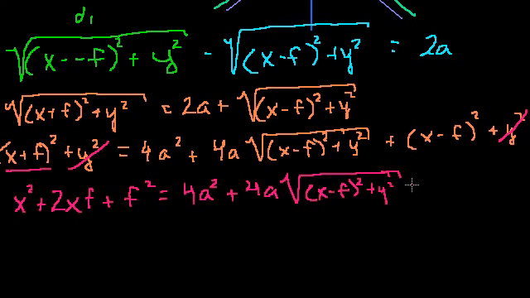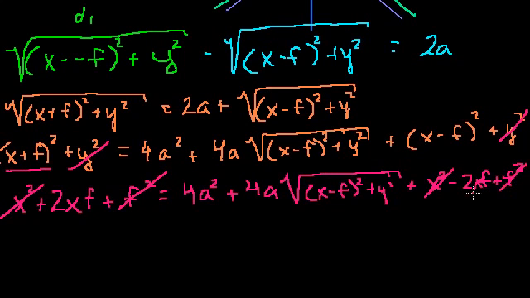And then multiply this out: plus x² − 2xf + f². And then let's see, what can we cancel out? Well, we have an x² on both sides. We subtract x² from both sides of the equation. We have an f² on both sides of the equation, so let's cancel that out.